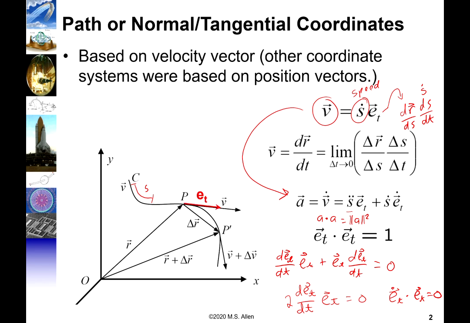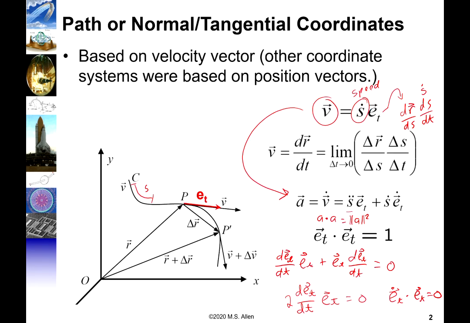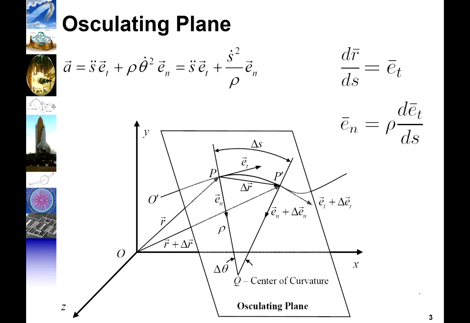Okay, so if we use all of that, the equation that we most often use is in this form, where we have the acceleration, and then we define En to be a unit vector in the direction of et dot, and this is just a constant so that we can have the norm of En equal to 1. That constant also happens to be the radius of curvature of the path.